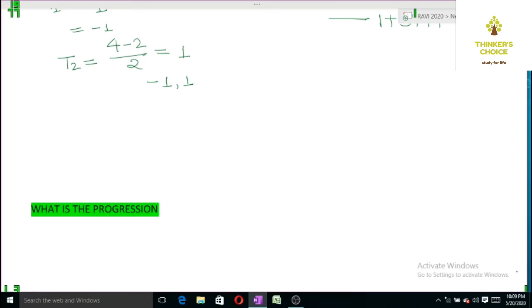Then what is a progression? Progression is a special kind of sequence, or a special kind of series.